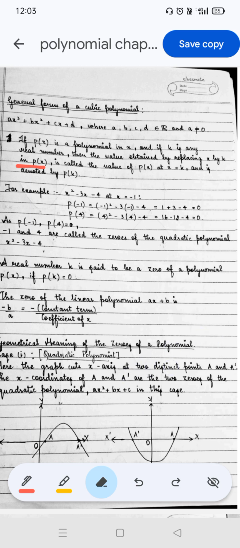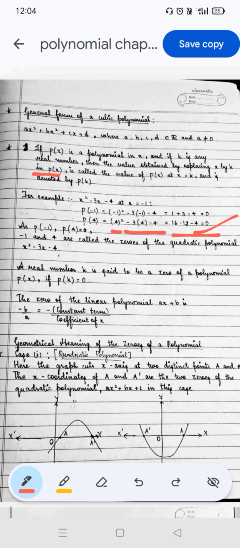And similarly, I have calculated over here for p of 4. So p of 4 is nothing but 4 the whole square minus 3 into 4 minus 4. We get 16 minus 12 minus 4, which is also equal to 0. And from this we can say that p of minus 1 and p of 4 are equal to 0, and hence we can say that minus 1 and 4 are called the zeros of the quadratic polynomial x square minus 3x minus 4.